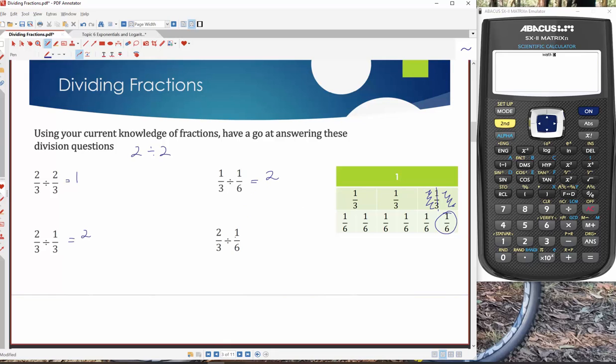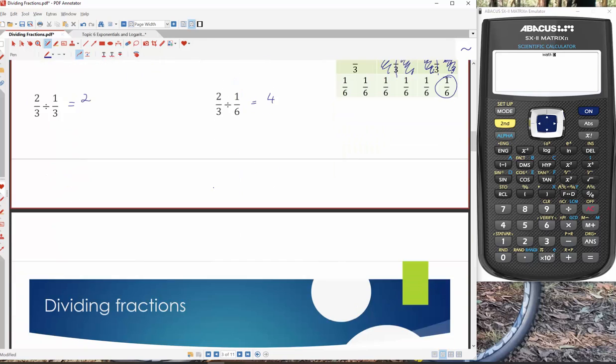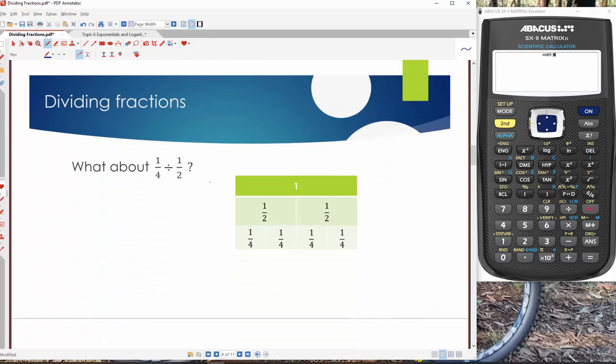How many times does 1/6 go into 2/3? Well, here's 1/3. So all we do is we go once, twice, 3 times, 4 times. The answer to this is 4. All right. What about a quarter divided by a half?